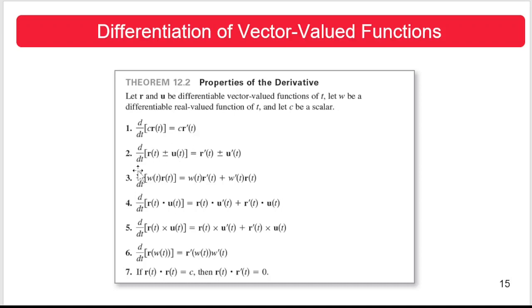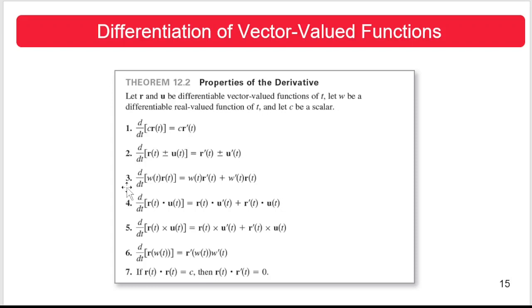And then number two, the derivative of the sum or difference of two vector valued functions r of t and u of t is the same as the derivative of the first vector valued function, r prime of t, plus or minus the derivative of the second vector valued function, u prime of t.